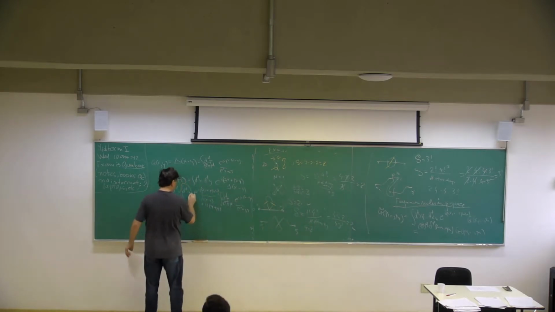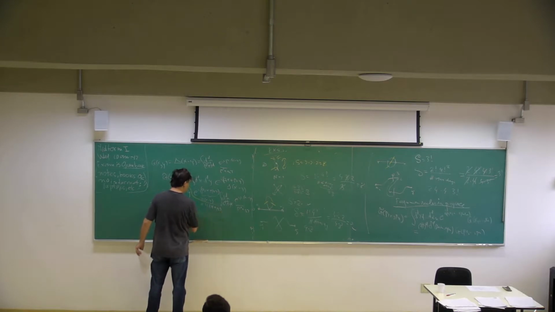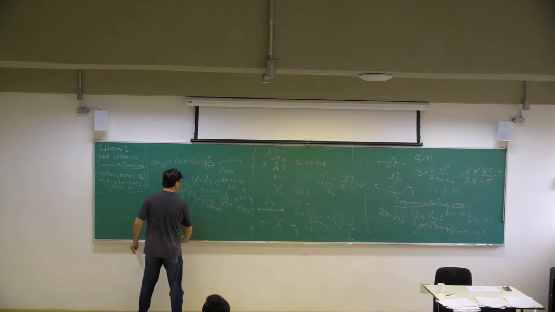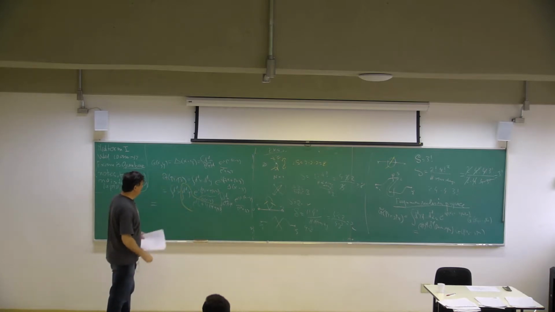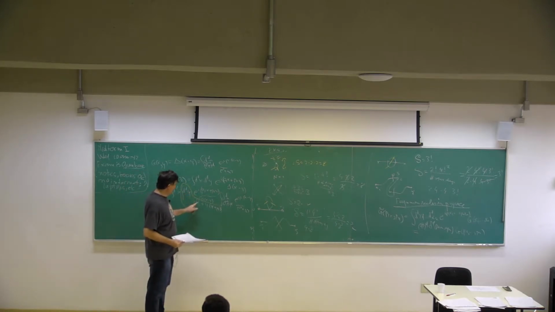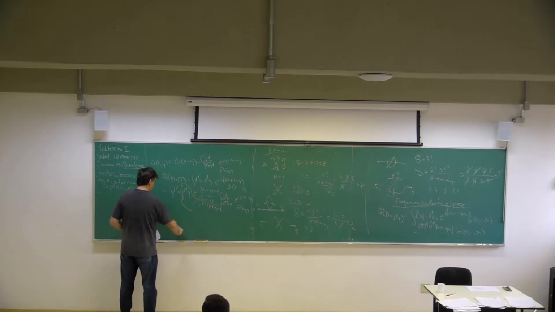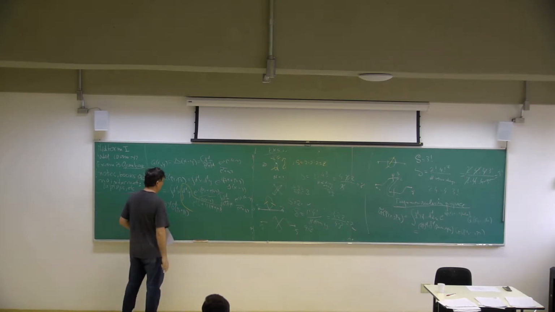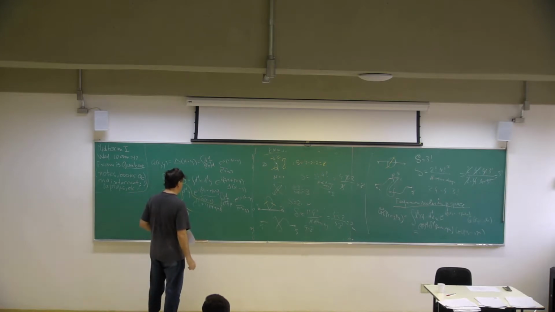So this would be e to the I. All right. So I have the integral d^d y e^{iy(p1+p2)}. So that gives (2π)^d delta^d(p1+p2).